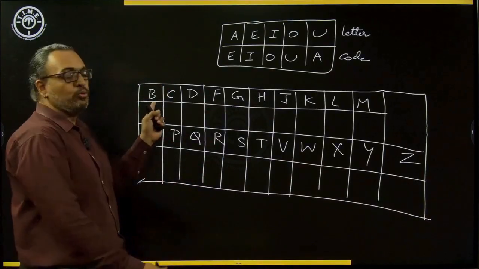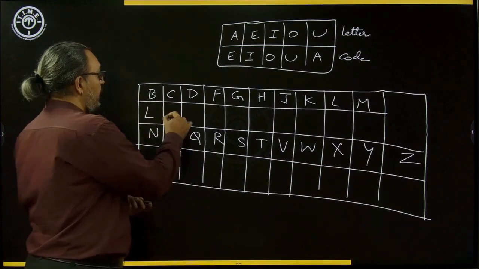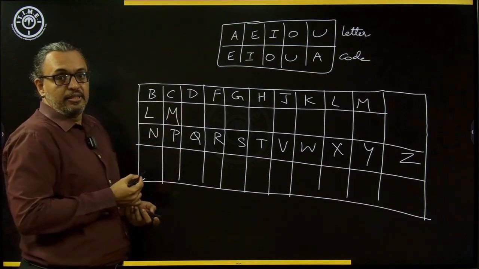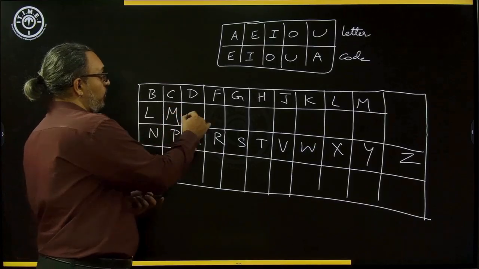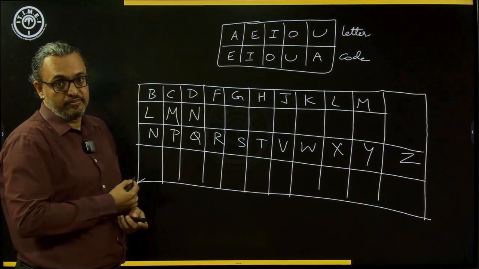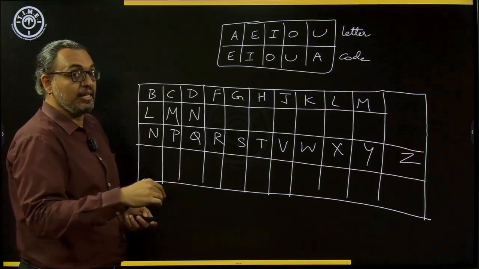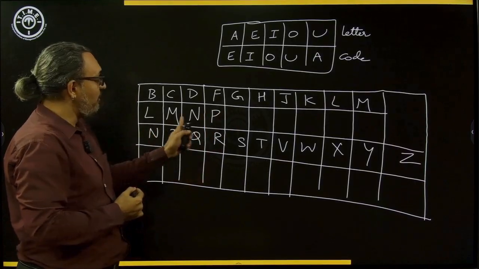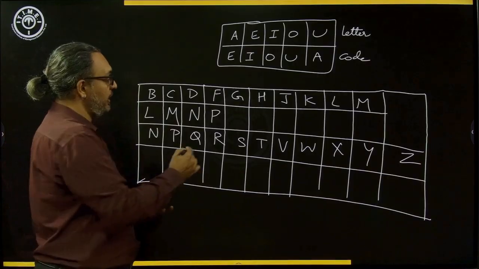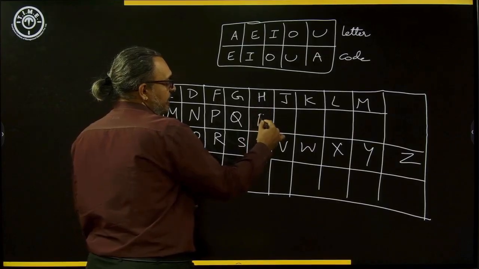So now you have 2. 2 plus 10, 12 is L. 3, 3 plus 10, 13 is M. Okay? D is 4. 4 plus 10, 14, so L, M, N. Then 6 plus 10, 16, P. So now you have L, M, N, P. Correct? Then 17. Then 18.